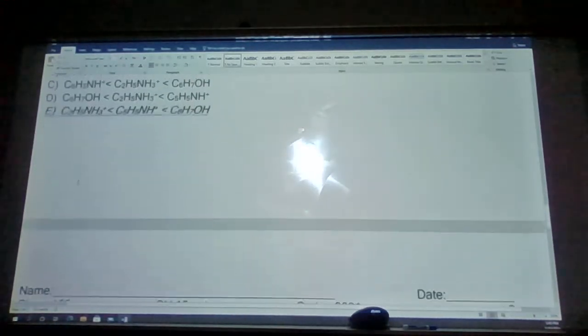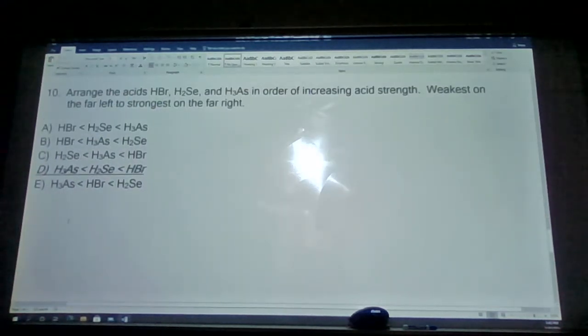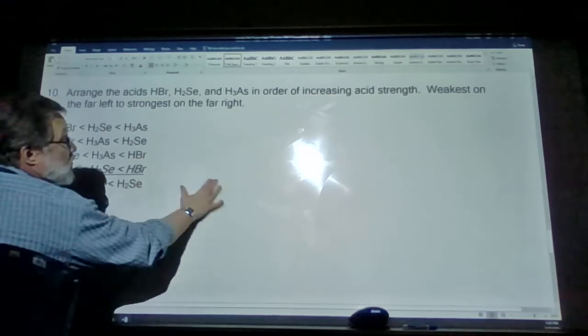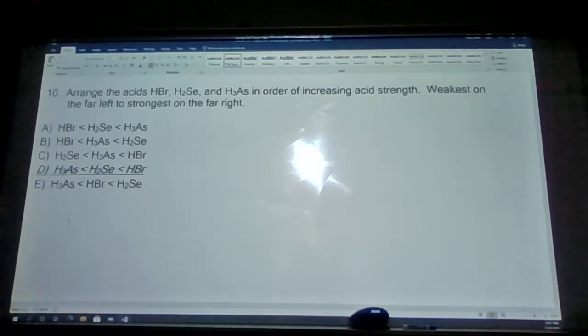Finally, number 10. Arrange the acids HBr, H2Se, and H3As in order of increasing acid strength. Weakest on the very far left to strongest on the far right.